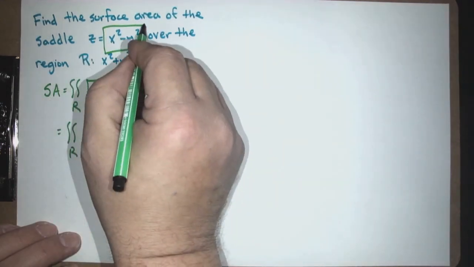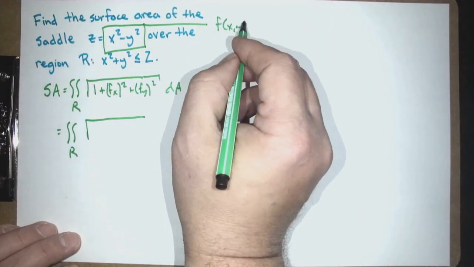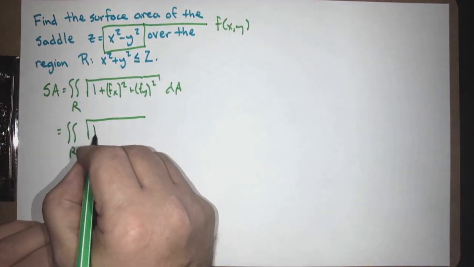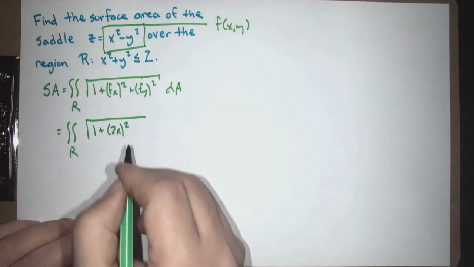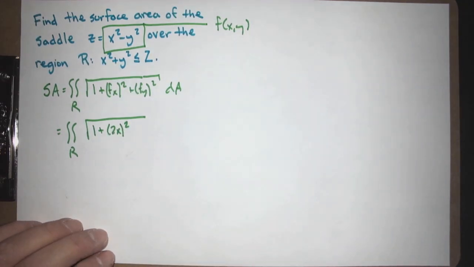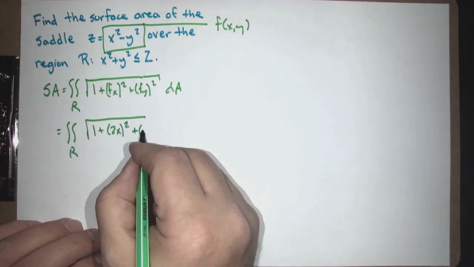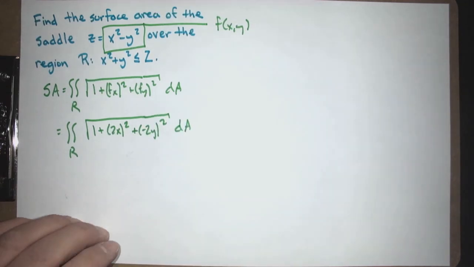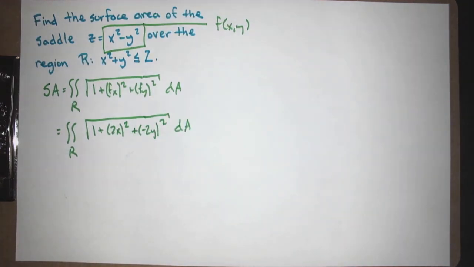This x squared minus y squared, that's our f of x,y. What is f sub x? 2x. So it's 2x quantity squared. What is f sub y? Minus 2y. Now, do not give in to the temptation of saying, oh, Steve, you're doing it the hard way.